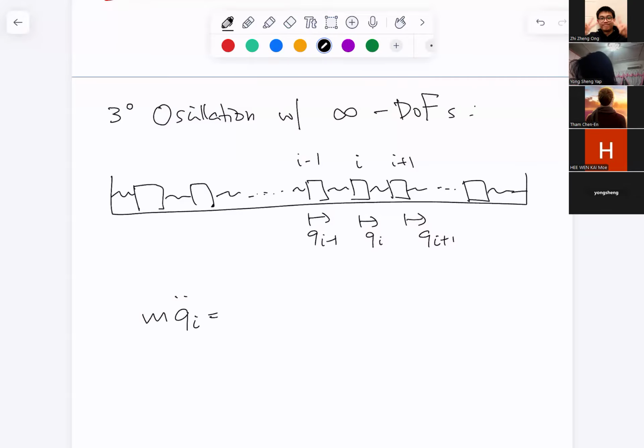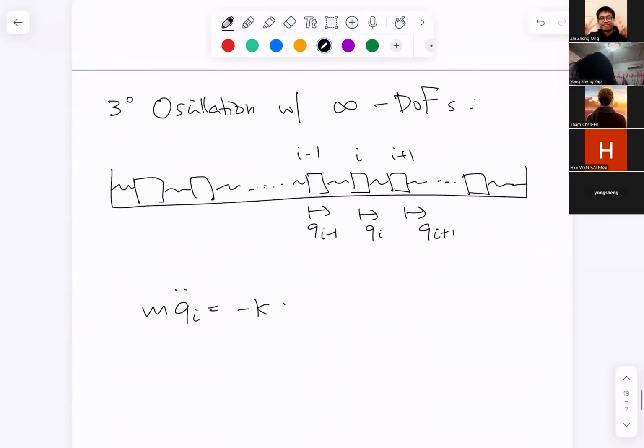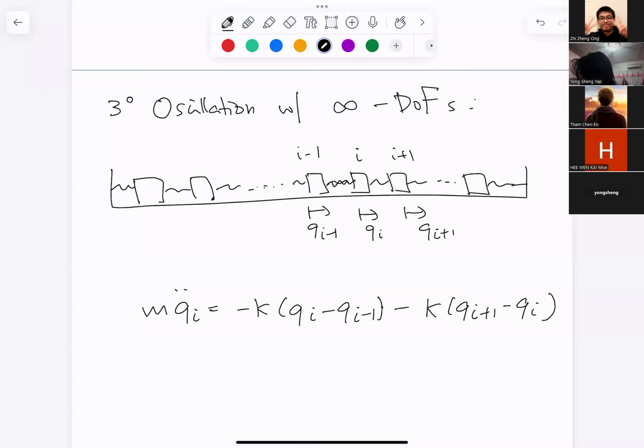You have negative K times Qi minus Qi minus one for this spring over here, and negative K times Qi plus one minus Qi. So this pushes you to the left, this pushes you to the right, and this pushes you to the left.